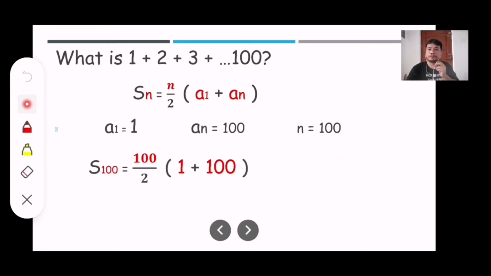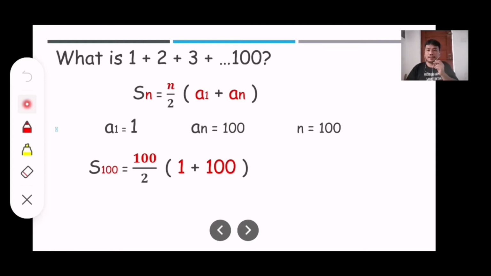Let's substitute the values. So n from the formula simply becomes 100, kasi yun ang value niya. A sub 1 in the formula is 1. Then the last term becomes 100.